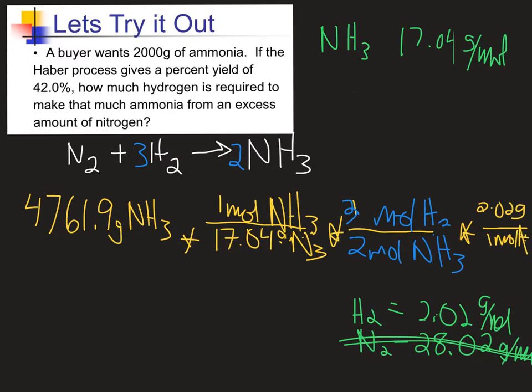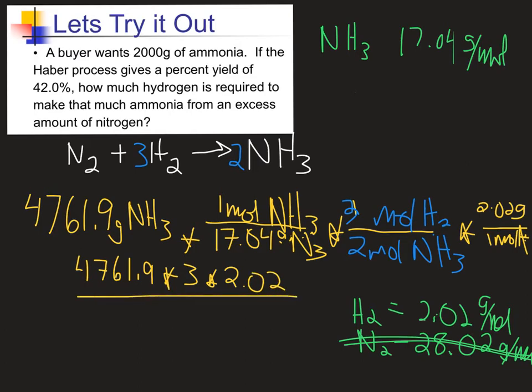When we multiply across the top and then multiply across the bottom, I'm going to condense this down so that it's a little bit easier for us to see some things. Then go across the bottom, 17.04.